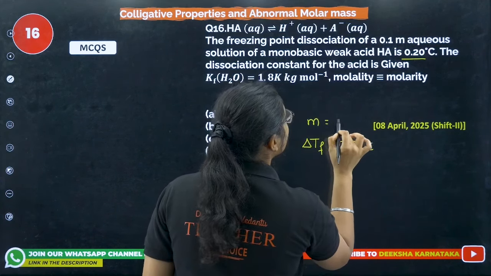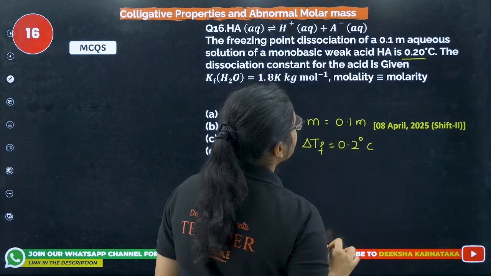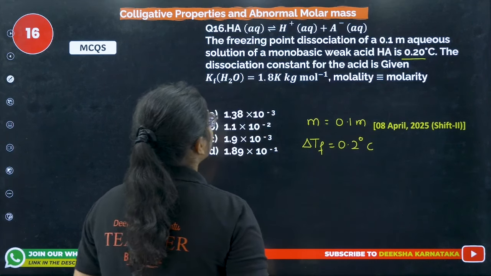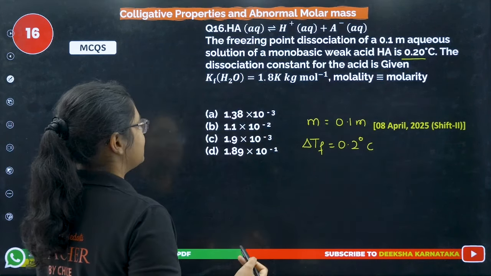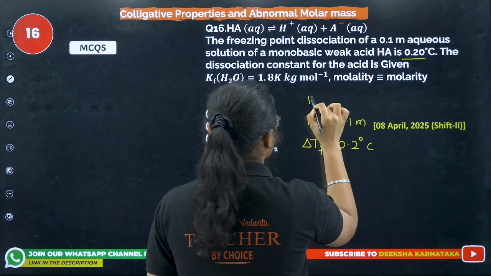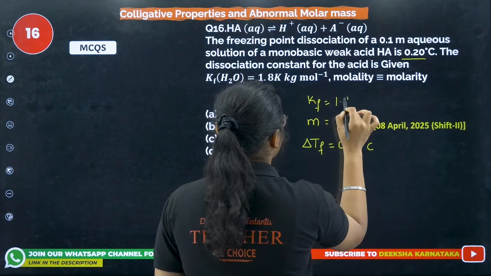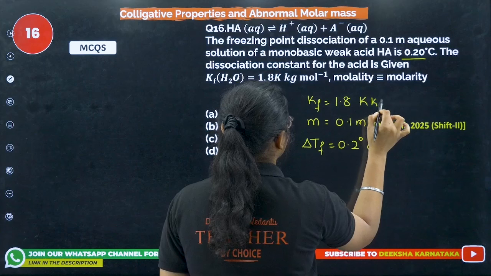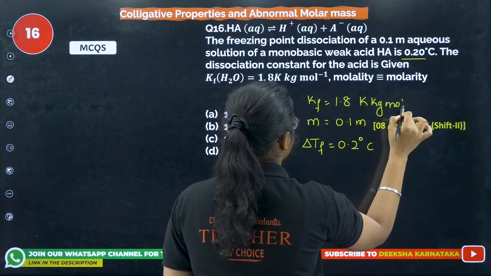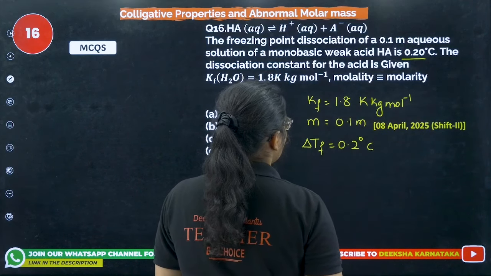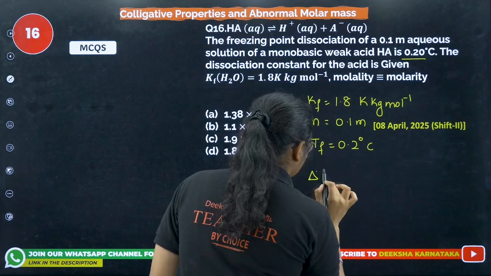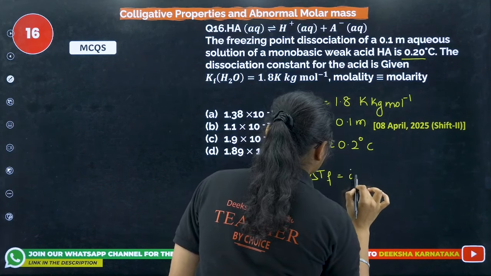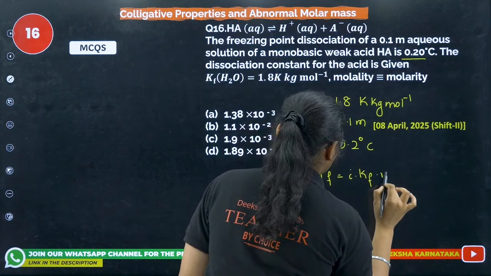Next, molality is 0.1 m, and we have the Kf value, which is 1.8 Kelvin kilogram mole inverse.